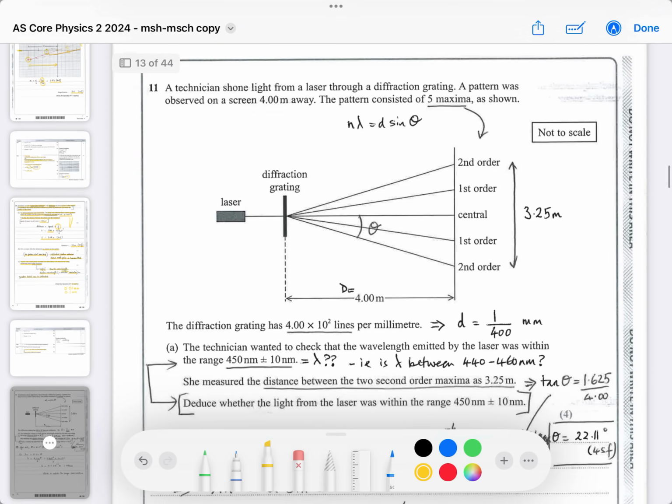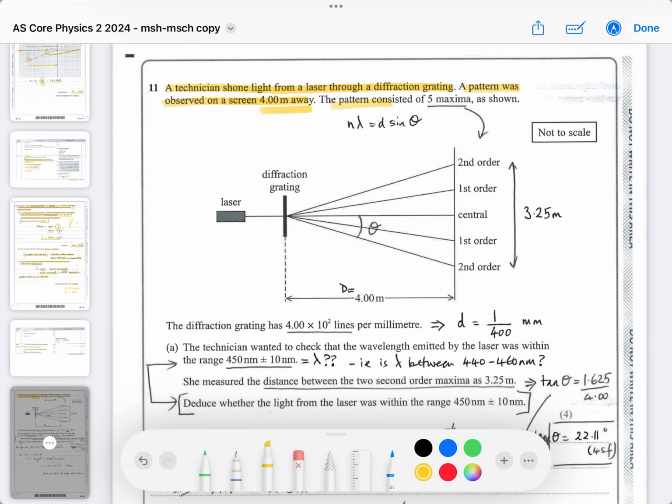Question 11. A technician shone light from a laser through a diffraction grating. The pattern was observed on a screen 4 meters away, which is normally the distance you can get with the laser. It's bright enough to get 4 meters away, which allows you to get a better determination of the angle.